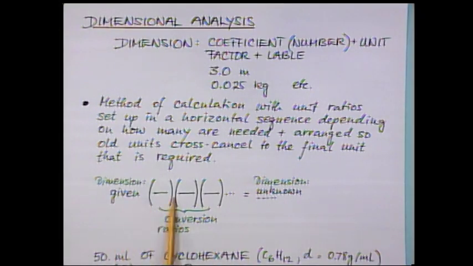So we line them up in a linear sequential fashion from left to right, and the ratios have to be set up in a way so that the old units cross-cancel, and we can set up the ratios any way we want, upside down, invert them as we need them. So we should always make sure that the units cross-cancel, and we end up with the unit that we're looking for.